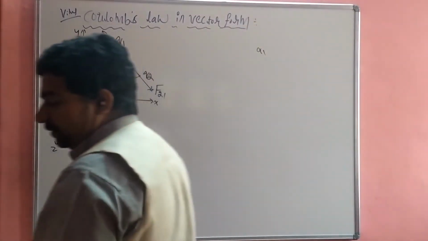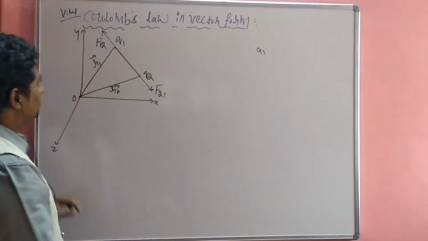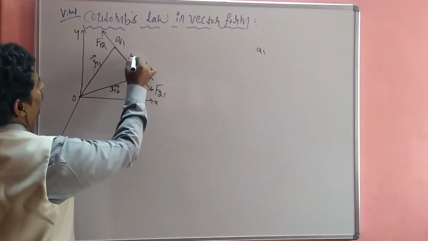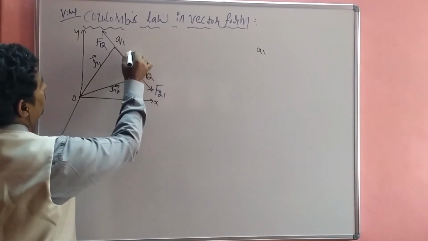The distance between these two charges is R21 vector.